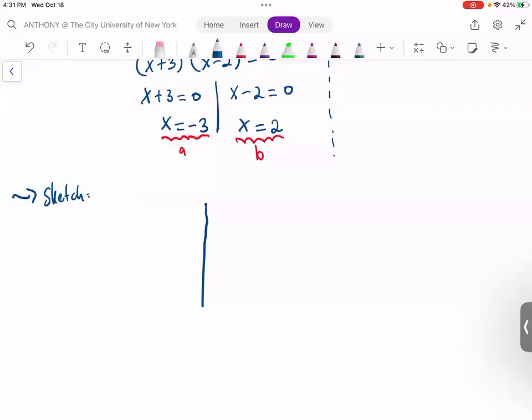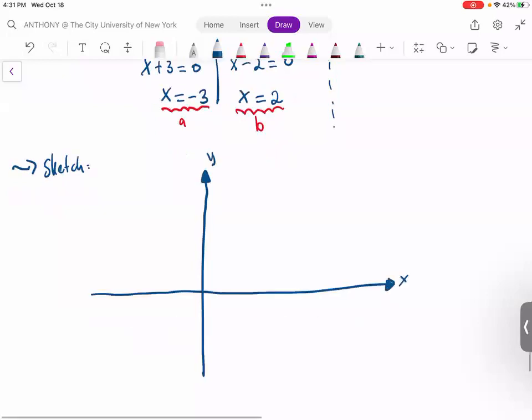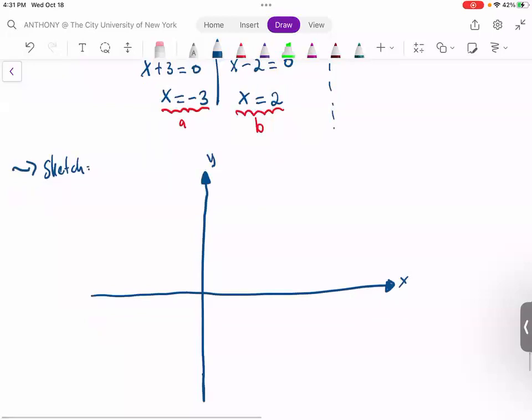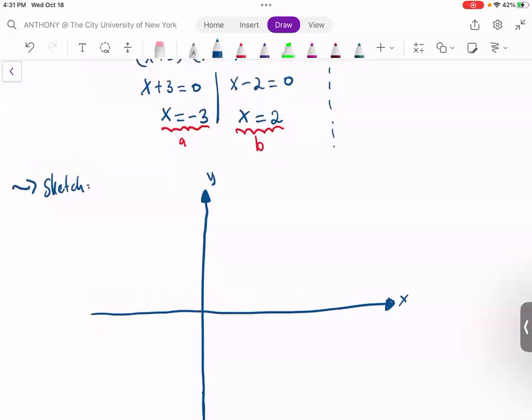So here's my y-axis. Here's my x-axis. The values of a and b range from -3 to 2. So let's say here's the origin. 1, 2, 3. So that's -3. Here's 1, 2. Here's +2.